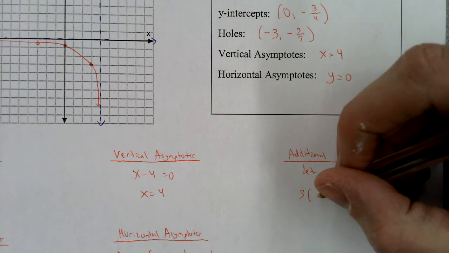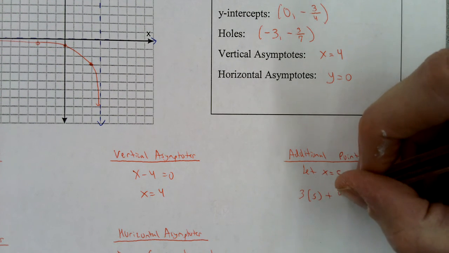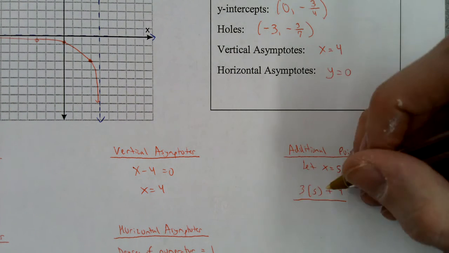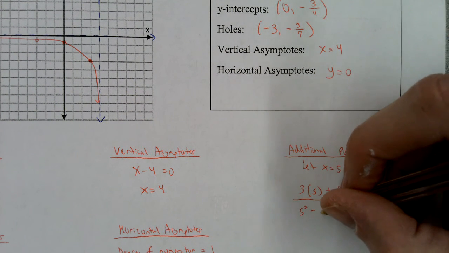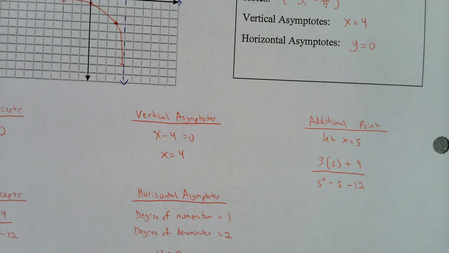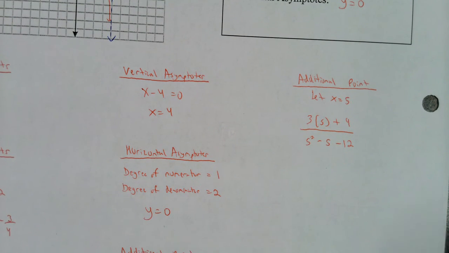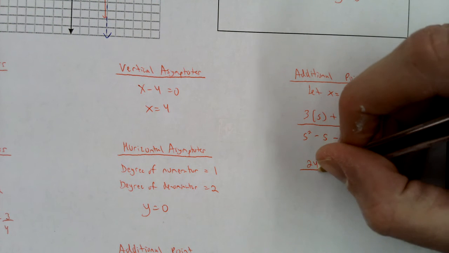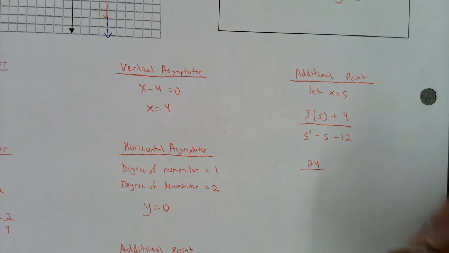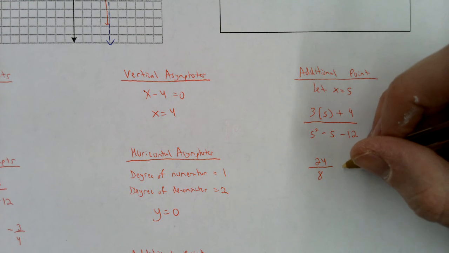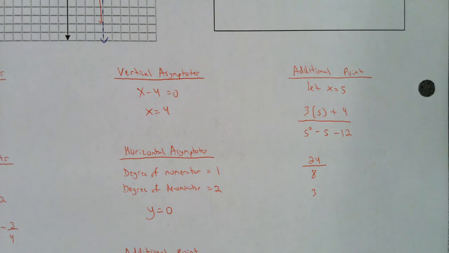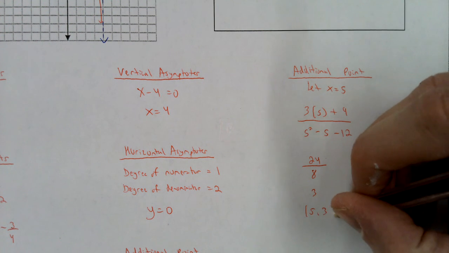So 3 times 5 plus 9 over 5 squared minus 5 minus 12. Okay, so the numerator is 15 plus 9. The numerator is 24. The denominator is 25 minus 5 minus 12. So that's 8, which equals 3. That means you have the additional point 5, 3.